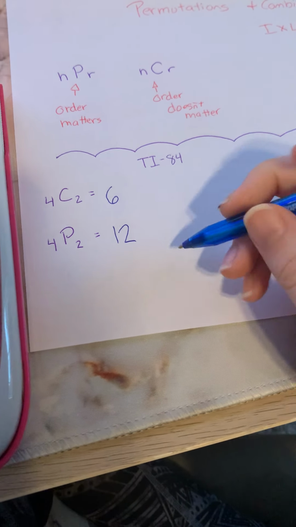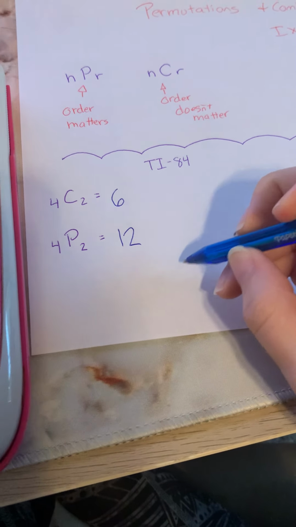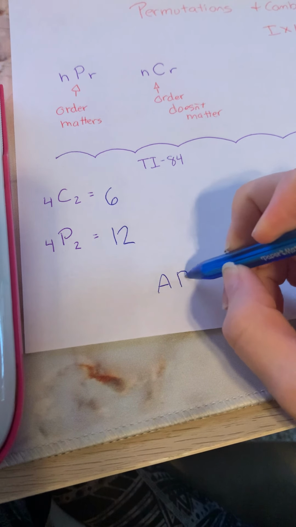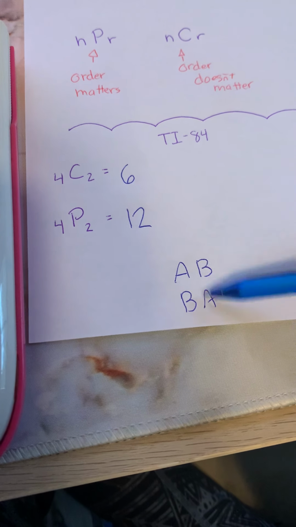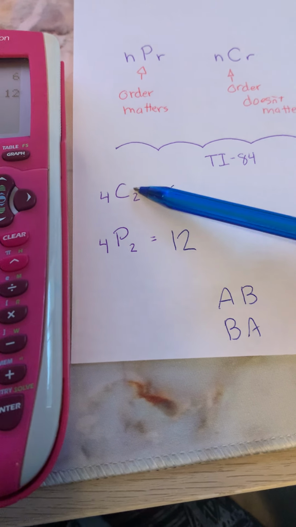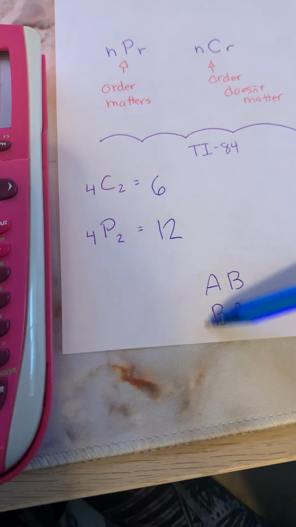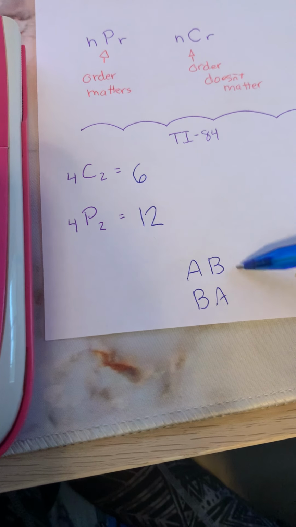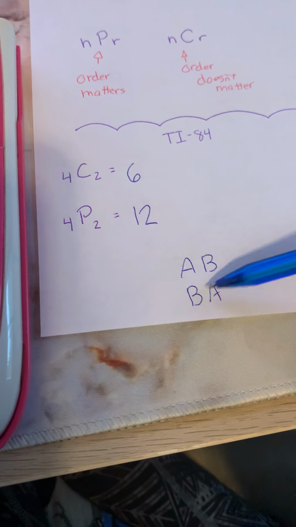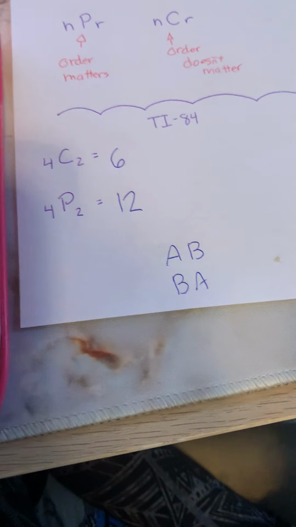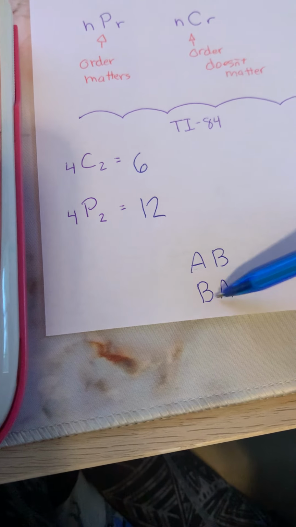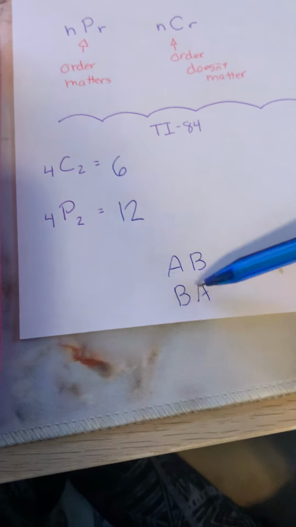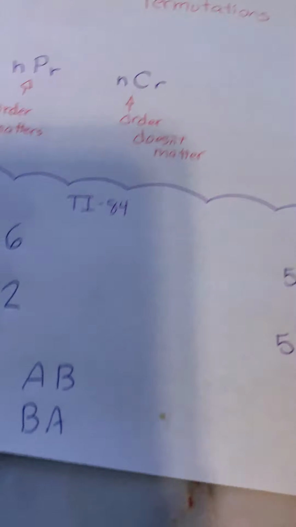If I have a bunch of letters, AB and BA, in a permutation, these are 2 separate things. In a combination where order doesn't matter, this is only one thing. This would only count as 1, because it doesn't matter what order they're in, it only matters that you have an A and a B. That's why there's more in a permutation, because the order matters. So these are going to be split up and be different options.